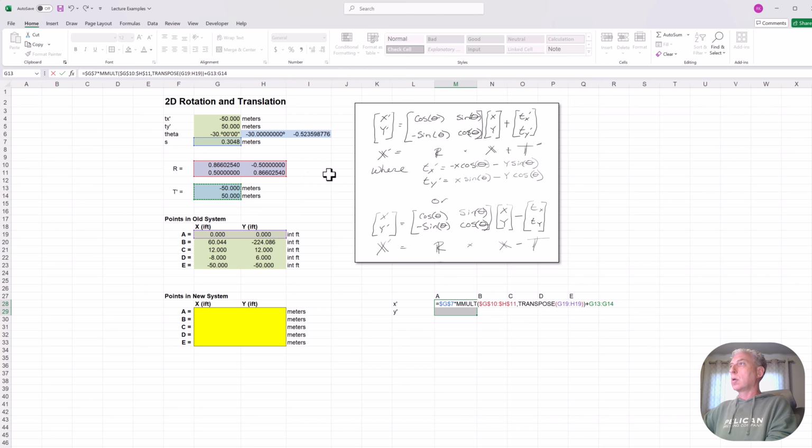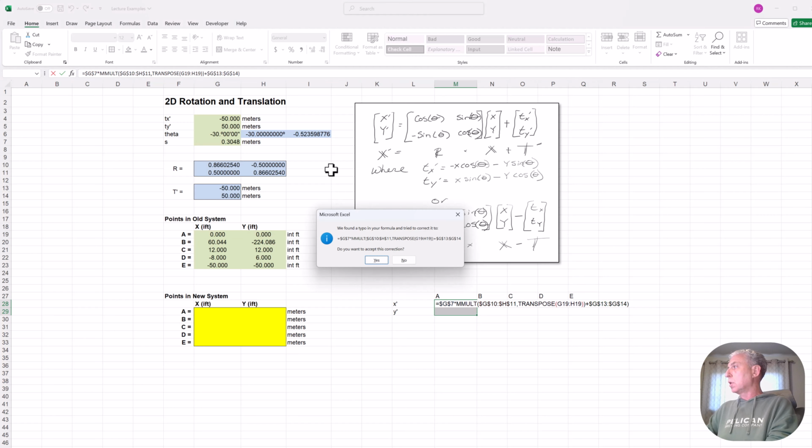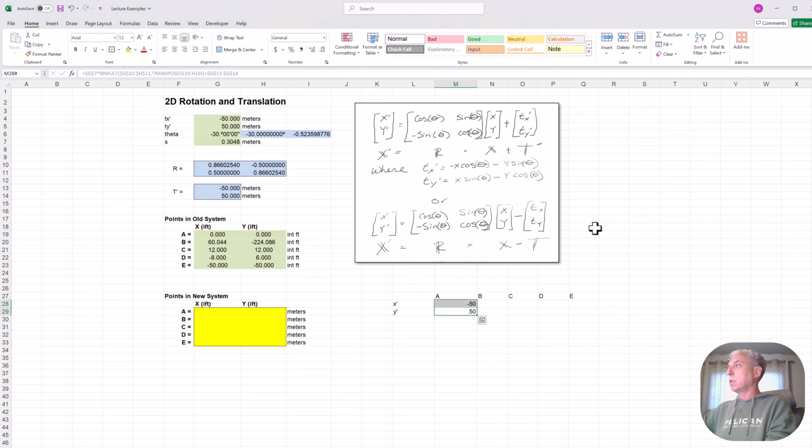Plus my translation vector, F4 to make it absolute, close the parentheses, and there we go. So minus 50 and 50 would be my coordinates of A.